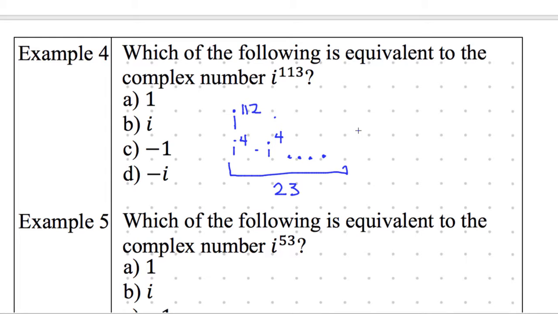So that's what I did. 23 times 4 equals 112. I. That's what I got so far. And I just multiply that by I to the first power. Oh, I see. Plus 13. Okay. Yeah, that makes sense. So yeah, you did have 23 of those, and just kind of translating this into what I already have up here.